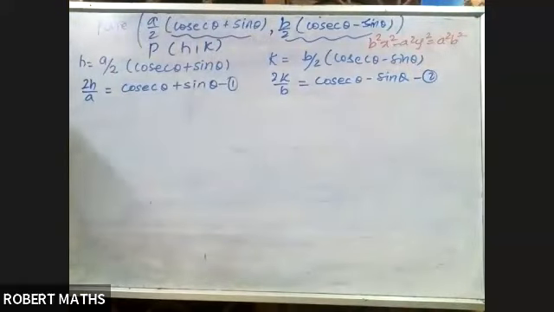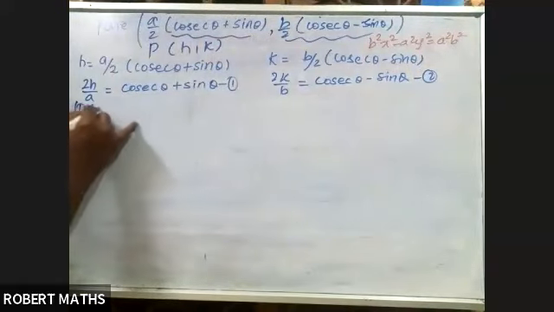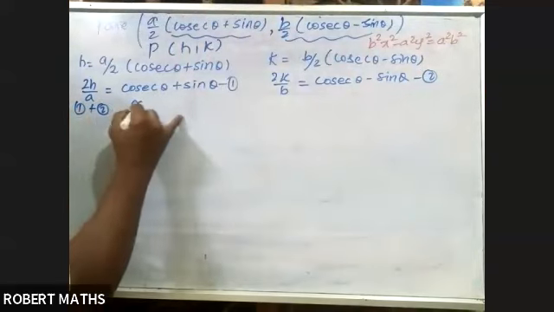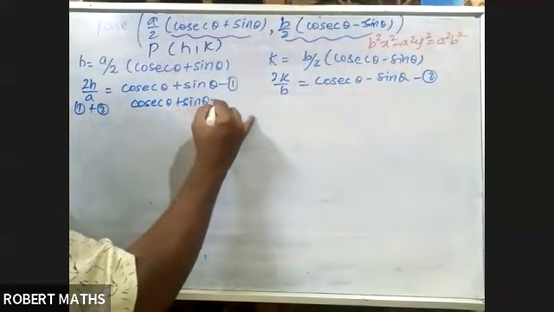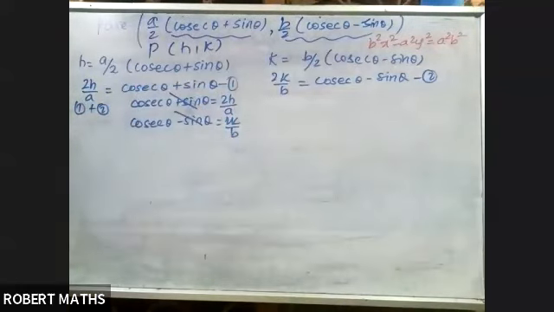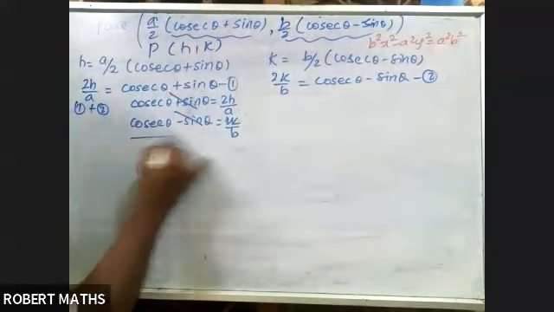Now I add both of them. Adding 1 plus 2. The first equation is cosecant theta plus sin theta, which is equals to 2h by a. Cosecant theta minus sin theta, which is equals to 2k by b. Now the sin thetas will cancel.